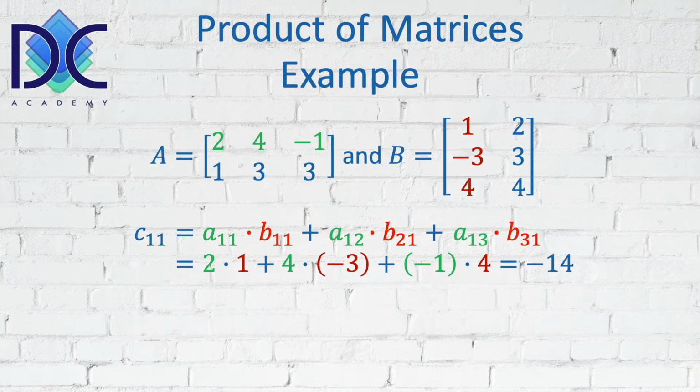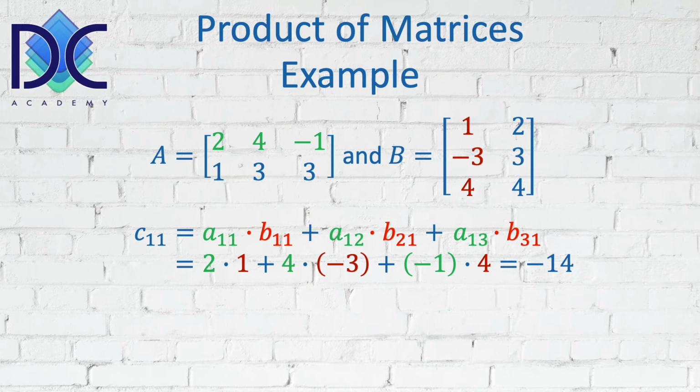The first thing to do is to calculate, for example, the first element, which is A11 times B11 plus A12 times B21 plus A13 times B31. And when we replace these elements by the numbers from the matrices, A11 times B11 is 2 times 1, A12 times B21 is 4 times minus 3, and A13 times B31 is minus 1 times 4.